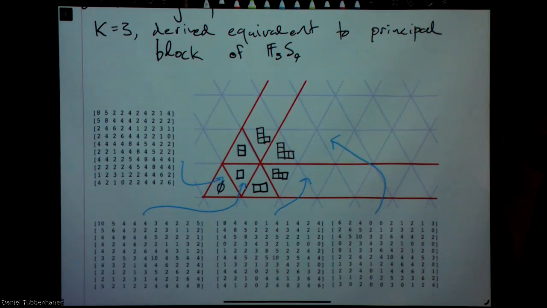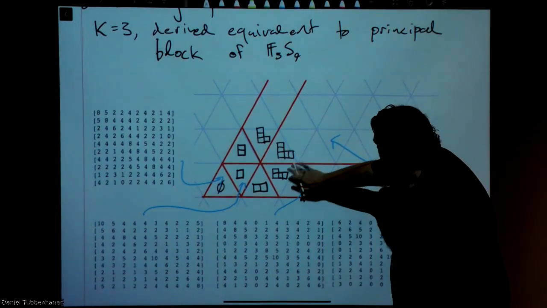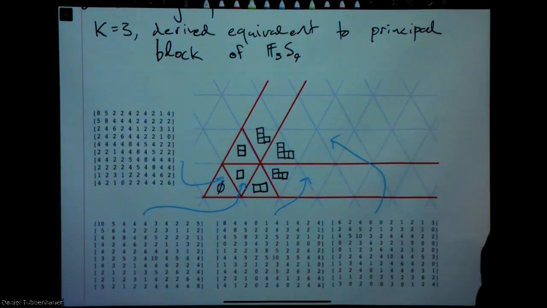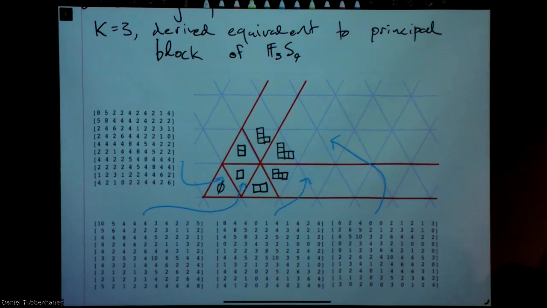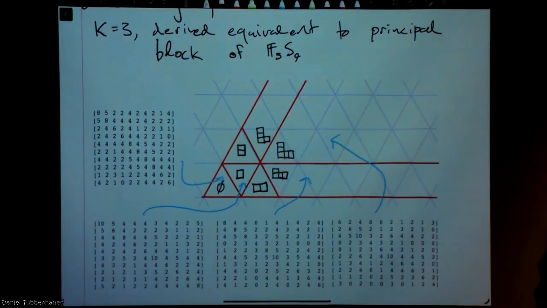So the higher the defect is, the more times I have to go up, the more positive roots I can go up by and get non-zero weight spaces. So in this case, I have all of these different walls that correspond to different equivalences between blocks, but there are only 6 of them that actually don't give you an equivalence of abelian categories.